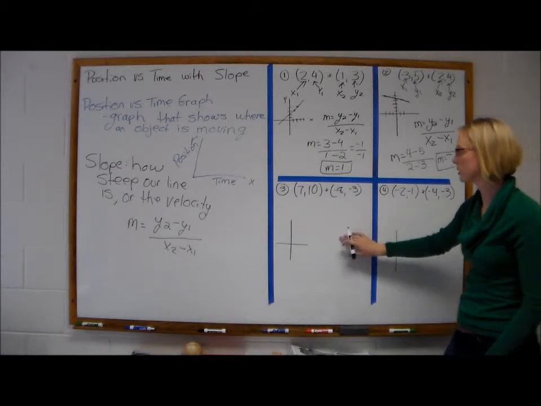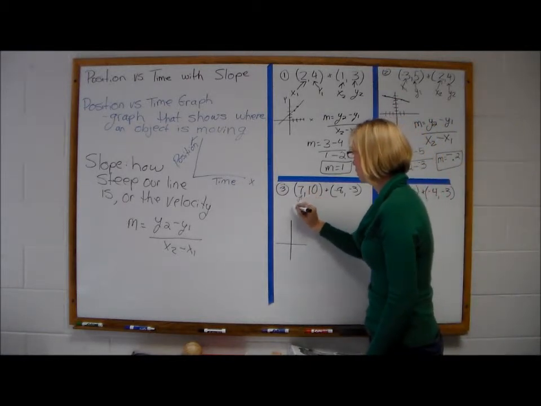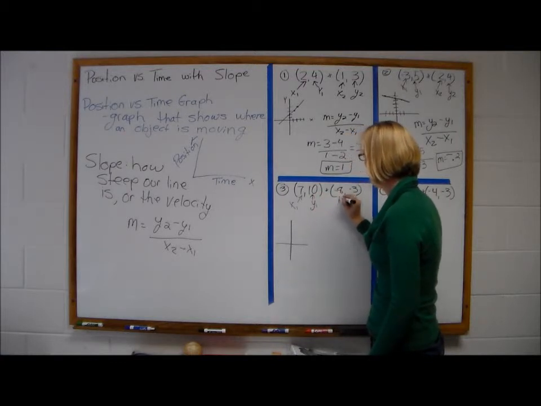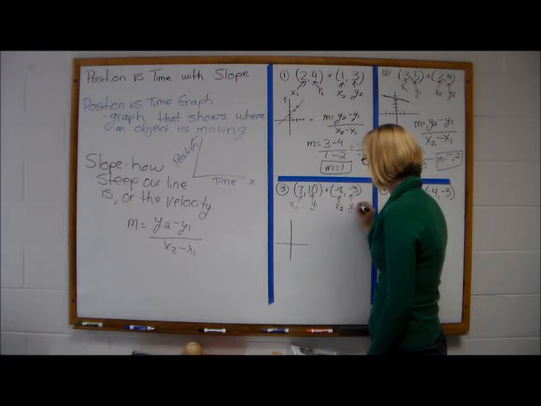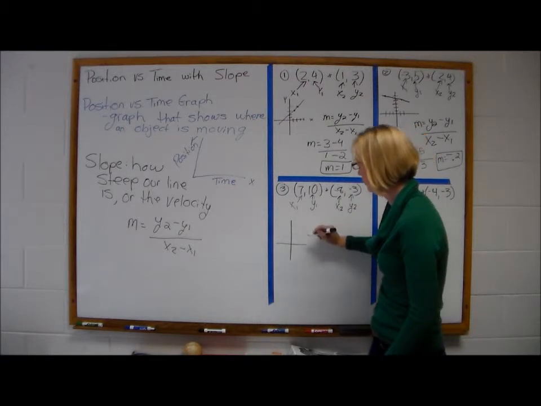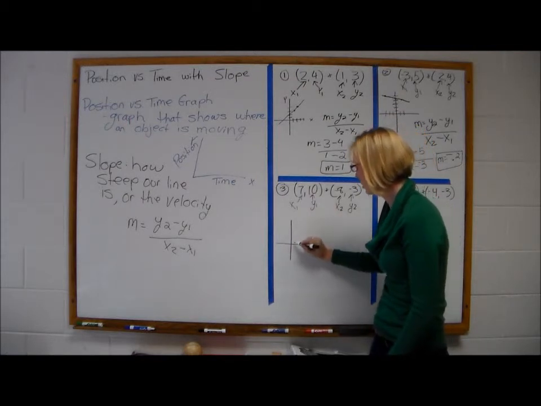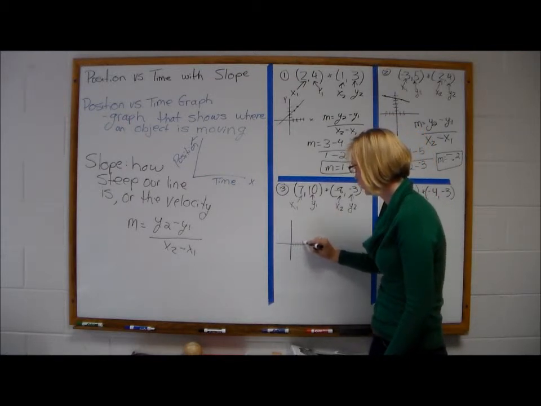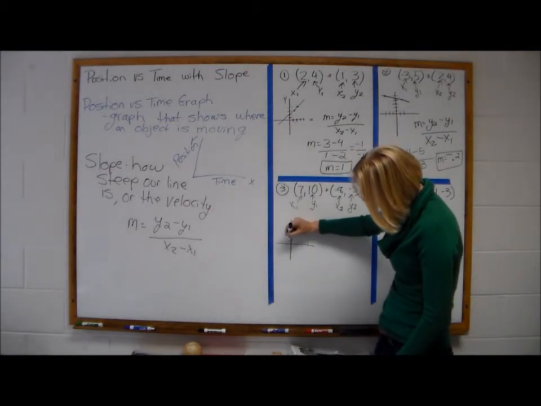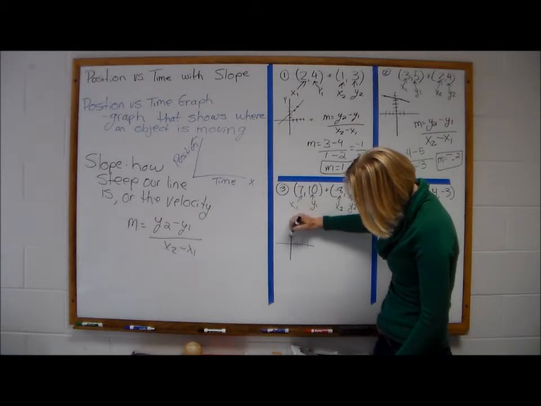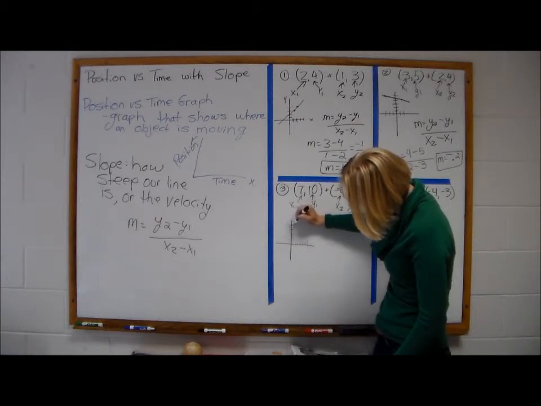Okay. Example number 3, label. So we have x1, y1, x2, y2. Draw your line. This one we're going to come over really far because we have 7 to 10. So 1, 2, 3, 4, 5, 6, 7. 1, 2, 3, 4, 5, 6, 7, 8, 9, 10.